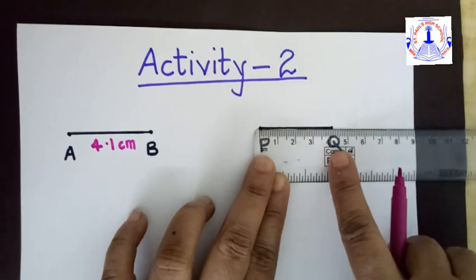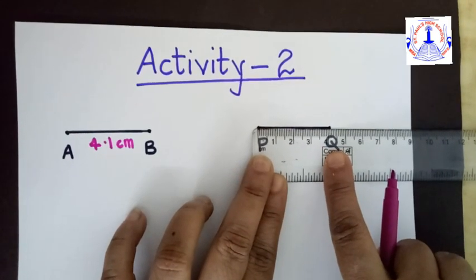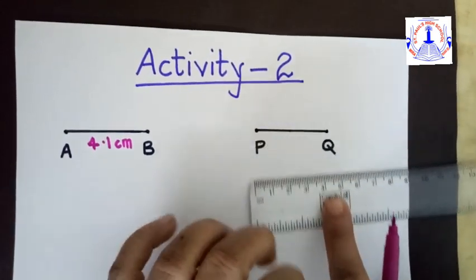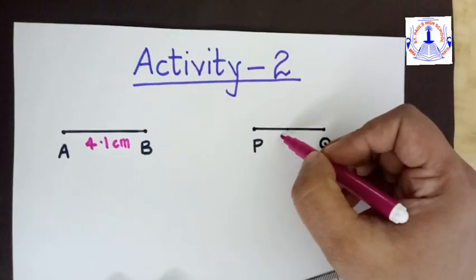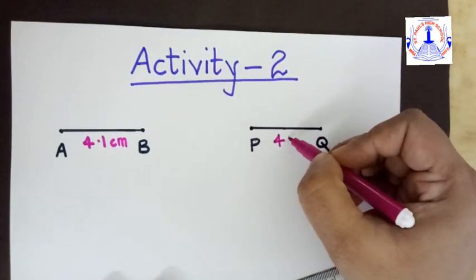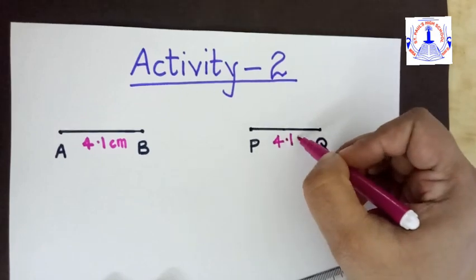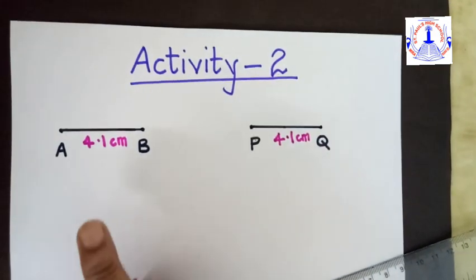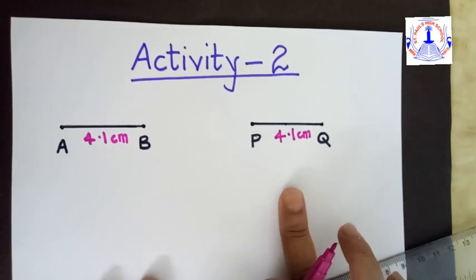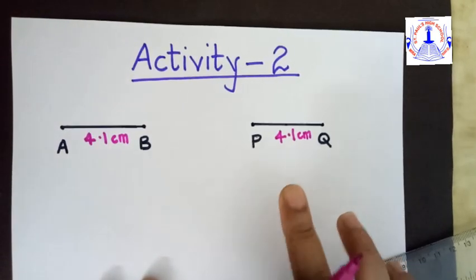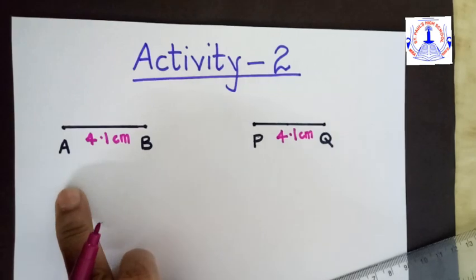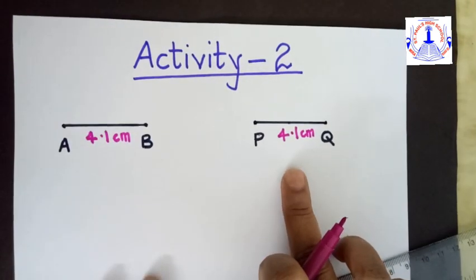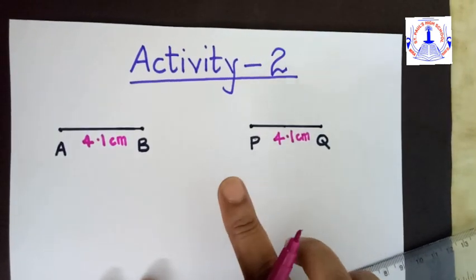Here also we find that the length of segment PQ is 4.1 centimeter. So here we will write segment PQ is 4.1 centimeter. Are they same in length? Yes. Segment AB and segment PQ are of equal length.